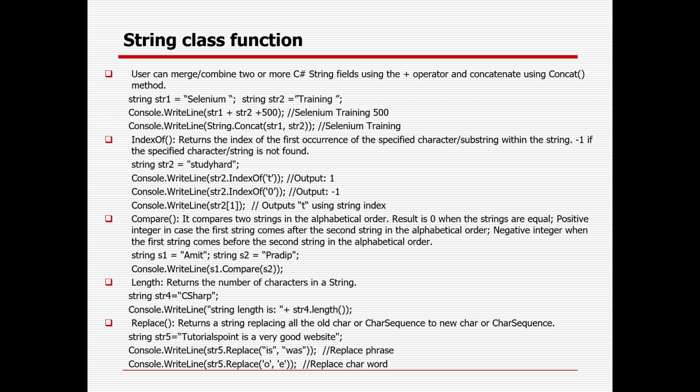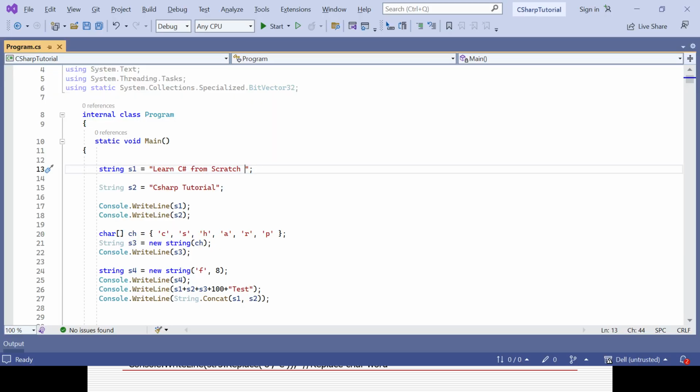The IndexOf method returns the index of the first occurrence of the specified character or substring within the string. It will return -1 if the specified character or string is not found. If it is found, it will give you the exact position of the first occurrence. If that particular character is not available at all, it will give you -1.